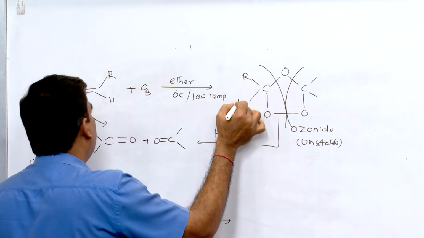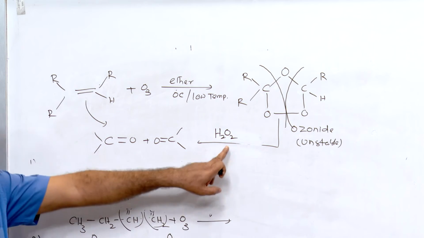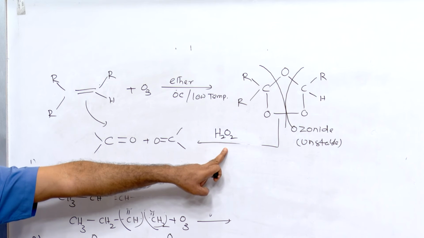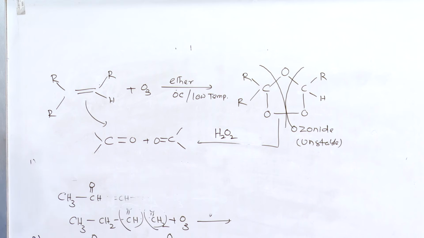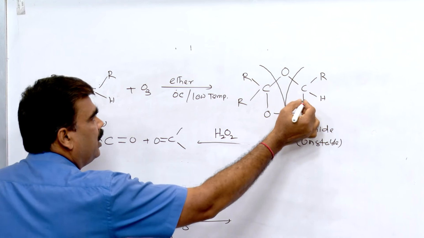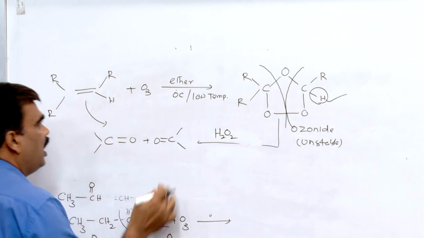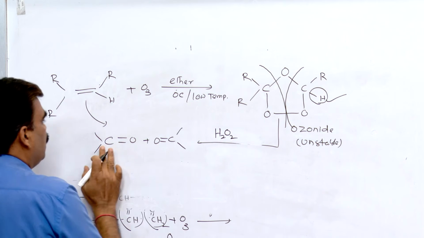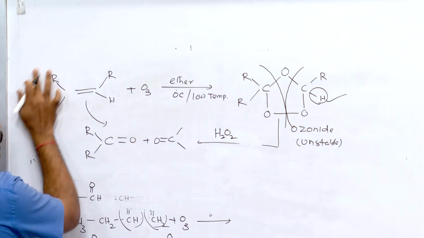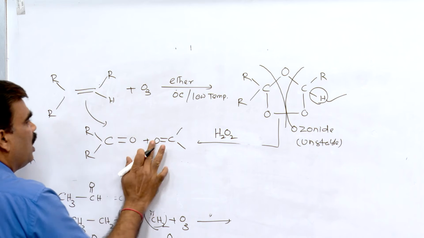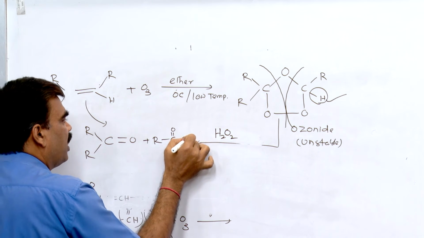Similarly, you will get ozonide, R and H. If you add any oxidizing agent instead of a reducing agent like zinc and water or dimethyl sulfide, you will get, जो H है, it will give you acid. This H will be converted to acid and this will give you ketone. So, that means this portion gives you ketone and this portion will give you carboxylic acid, RCOOH. This is the difference.